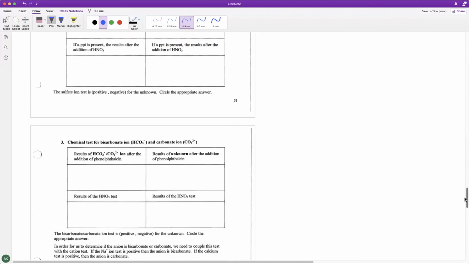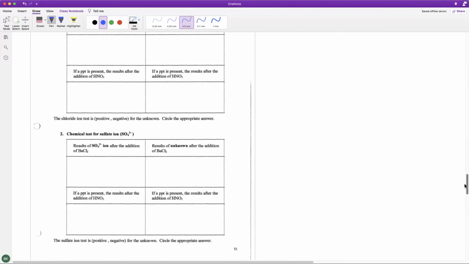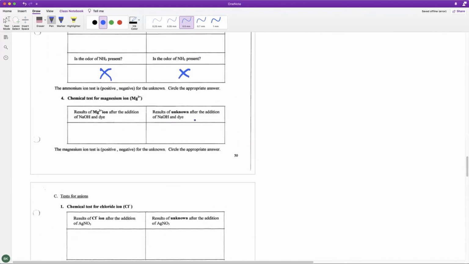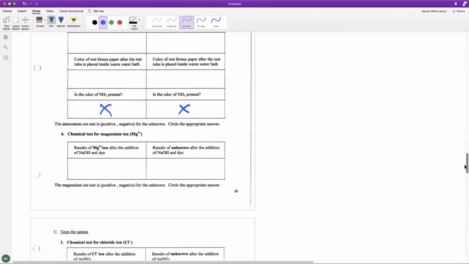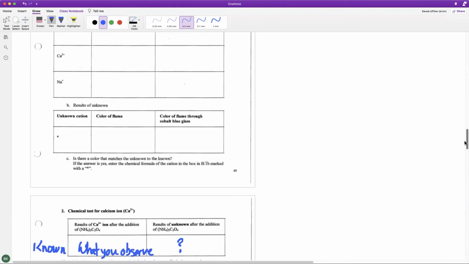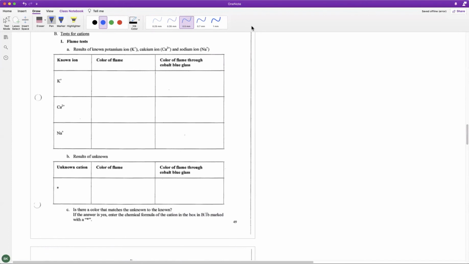Okay, more than one word observations about what you see in the different reactions that occur. You've got positive and negative indicated for each of the tests. And then in the end, you're telling me what the unknown compound was. Okay, so good luck with this lab. And that will do for this lecture.